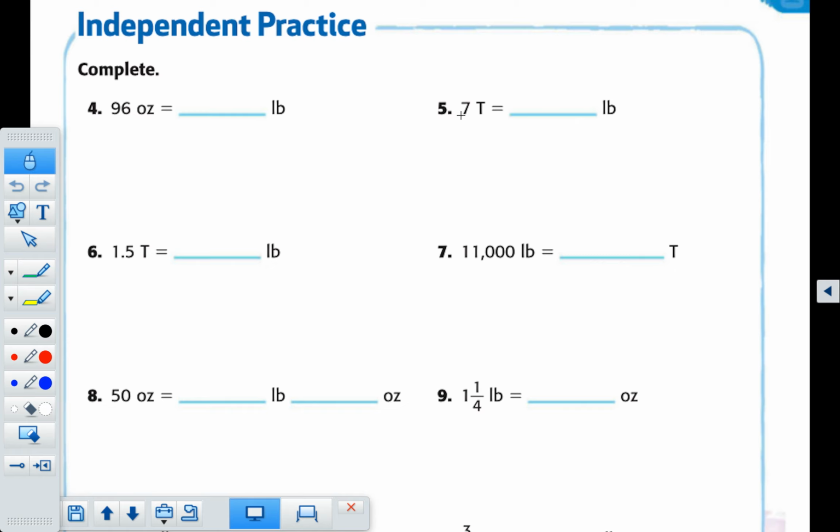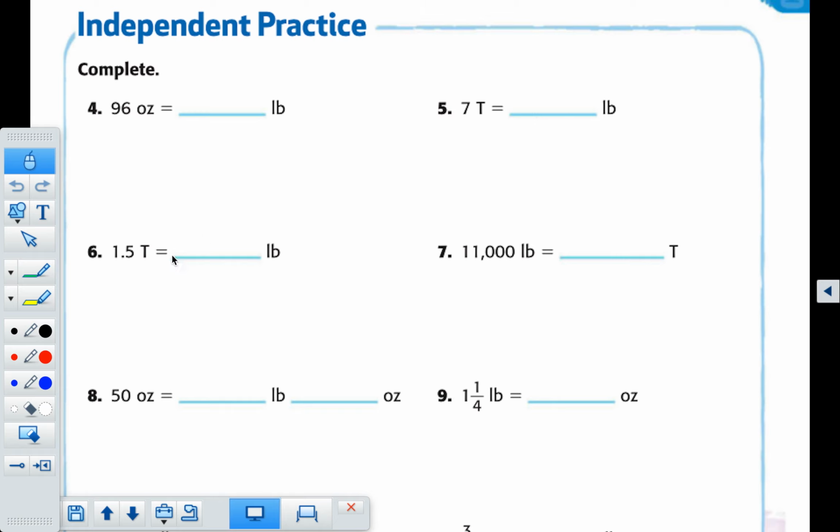For number 7, this 7T means 7 tons. And I remember from the very first page that 1 ton is equal to 2,000 pounds. So if I'm going to go from tons to pounds, I'm going to multiply again. I'm going to multiply 7 times 2,000. So 7 times 2,000 is going to give me how many pounds 7 tons is.